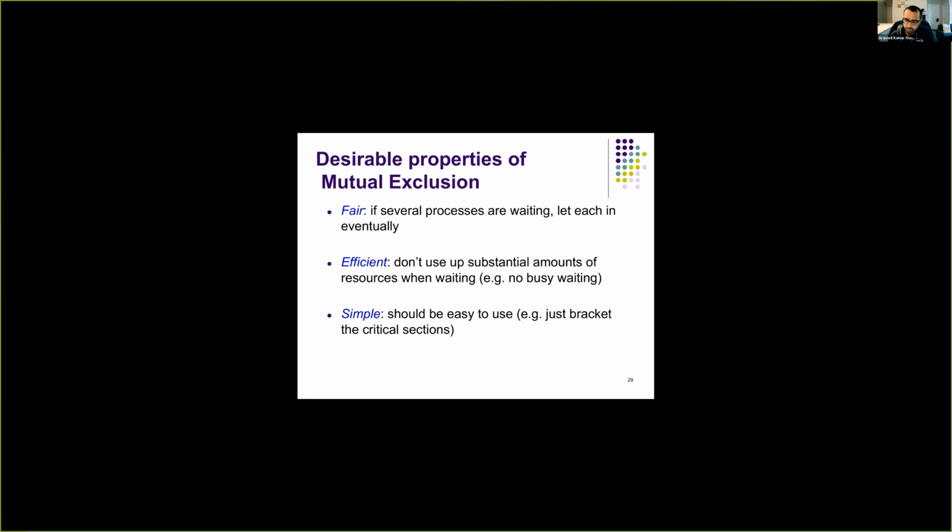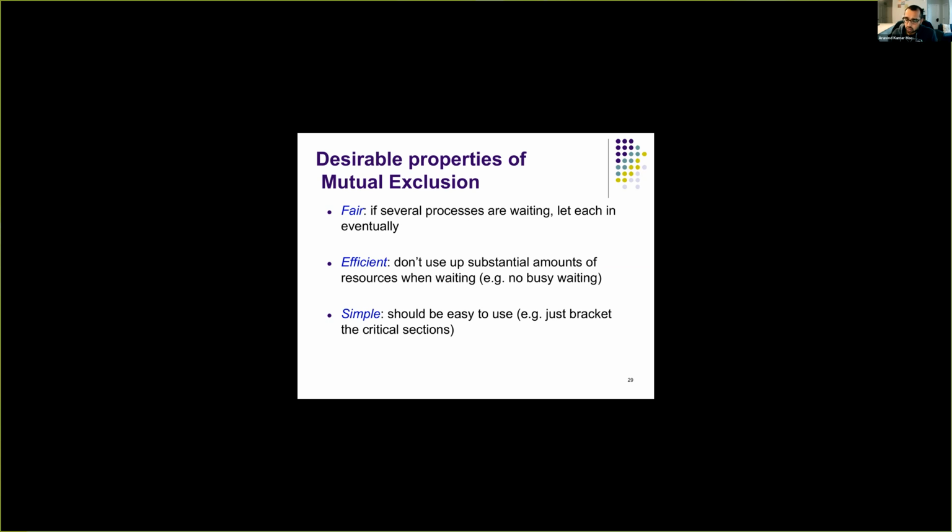By that I mean, if several processes are waiting, then each one of them should eventually get an opportunity to execute the critical section. It also should be efficient. We don't want to do busy wait, I mean, we don't want to check the variable in a loop constantly, right?